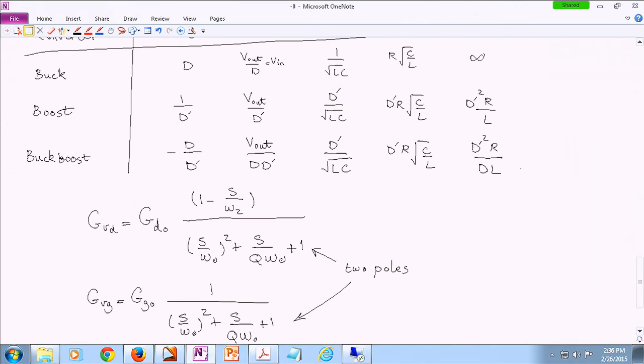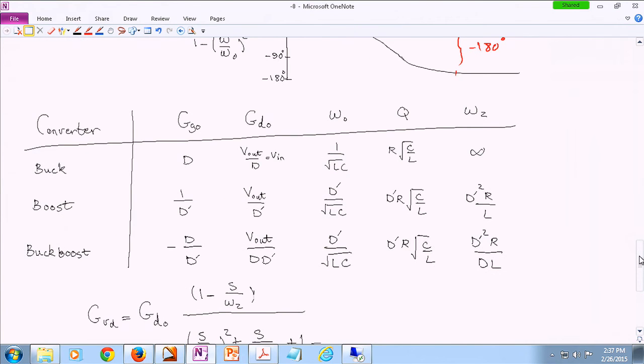The other thing that I want you guys to remember is there is a negative sign over here, meaning that this zero is on the right half side of the complex plane. So it's a right half plane zero. Okay.